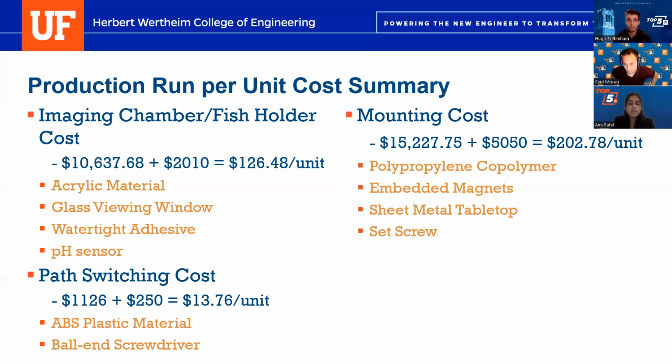So the unit cost for this subsystem is $126.48. The total material cost for 100 units of the path switching subsystem is $1,126. Additionally, 3D printing the hinges through Xometry, a manufacturing company with locations near Gainesville, costs $250. So the unit cost for this subsystem is $13.76.